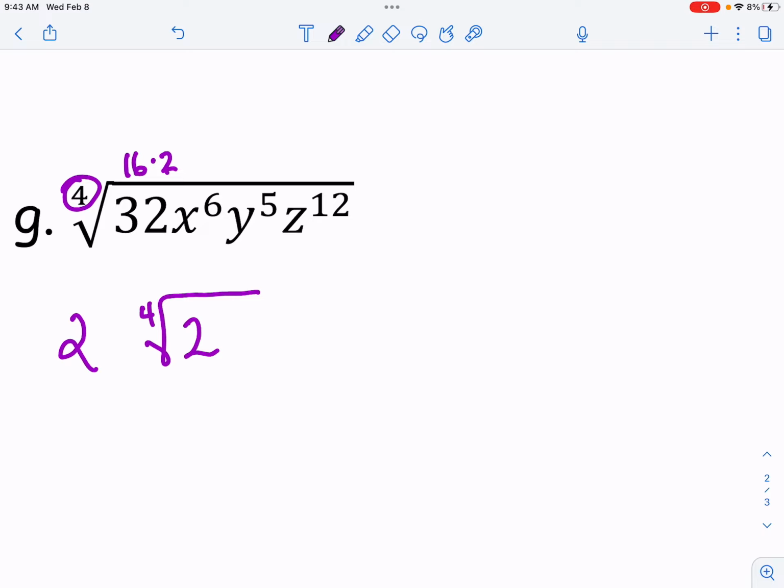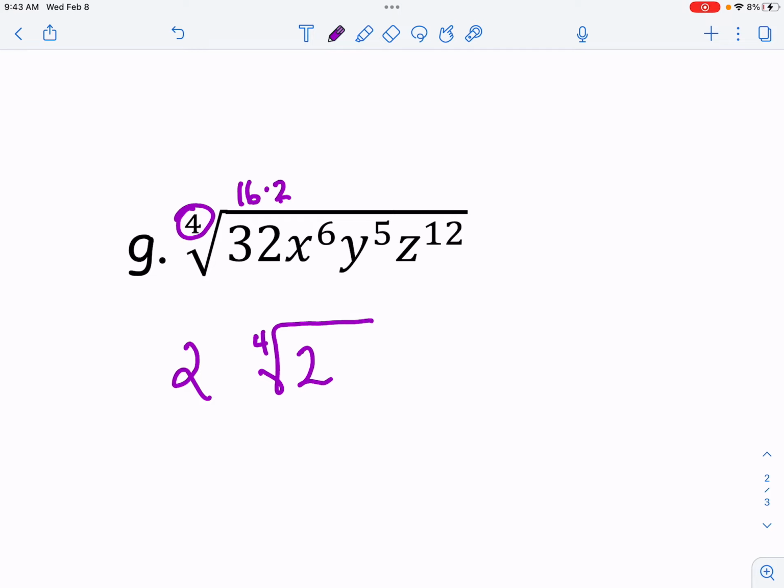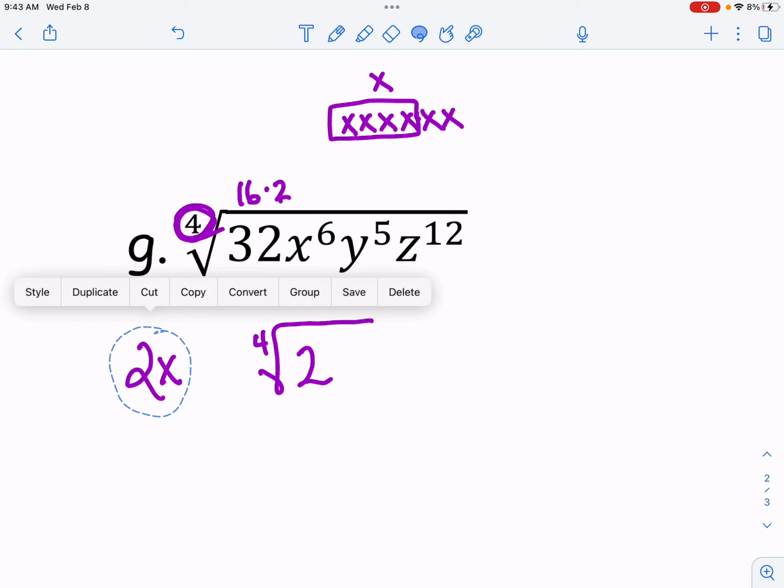Now, to do your exponents, what you're going to do, x to the 6 looks like this. 1, 2, 3, 4, 5, 6. Okay, I need a group of 4 that are the same. Here is a group of x's, a group of 4. That means out of that group of 4 x's, one of those will come out. Okay, so I'm not going to want to write those x's out like that.